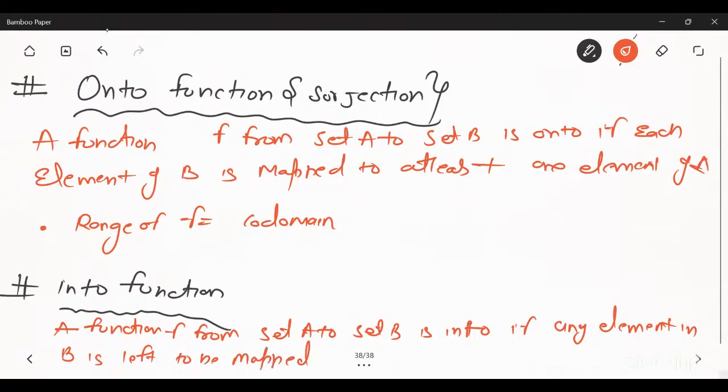Okay, so in that case the range is a subset of the codomain but not equal to it.